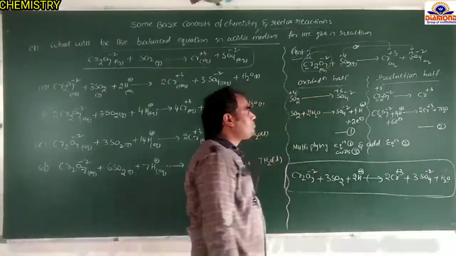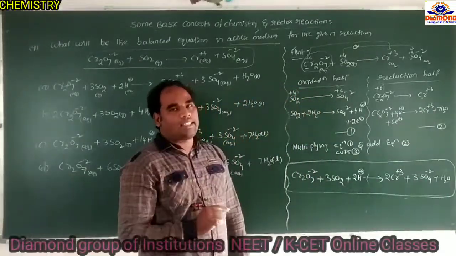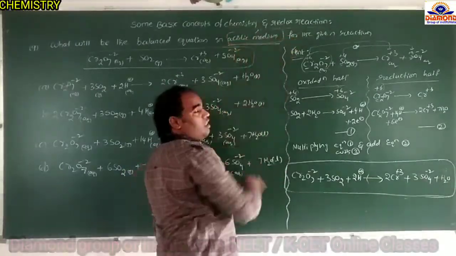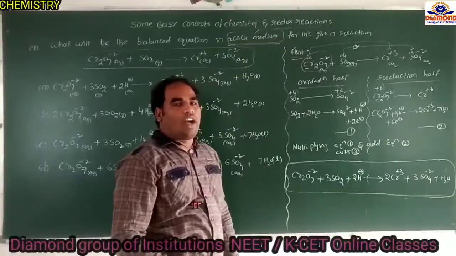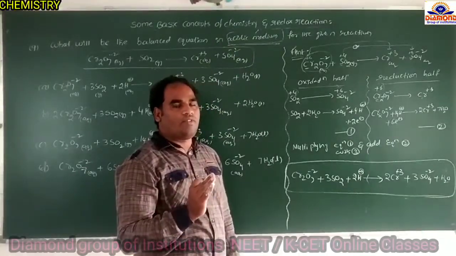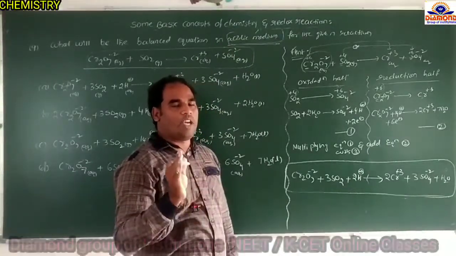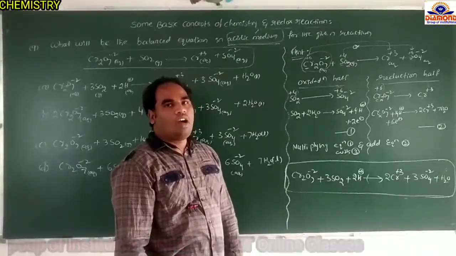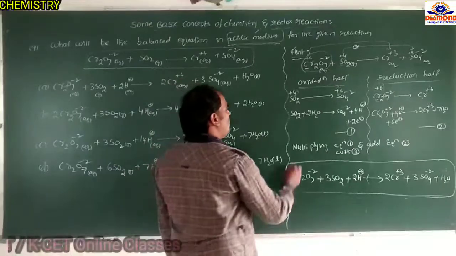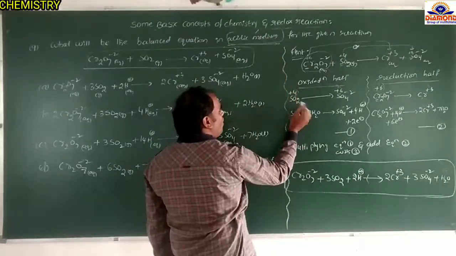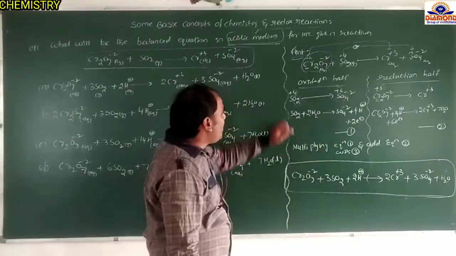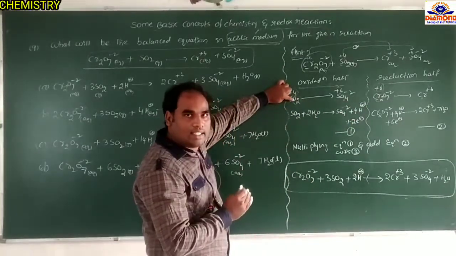Next, second step: balancing oxygen atoms. In acidic medium, if the oxygen atoms are fewer on one side, it is better to add water molecules to balance the oxygen atoms. Once you observe this side 2 oxygen and that side 4 oxygen, this side is 2 oxygen less.